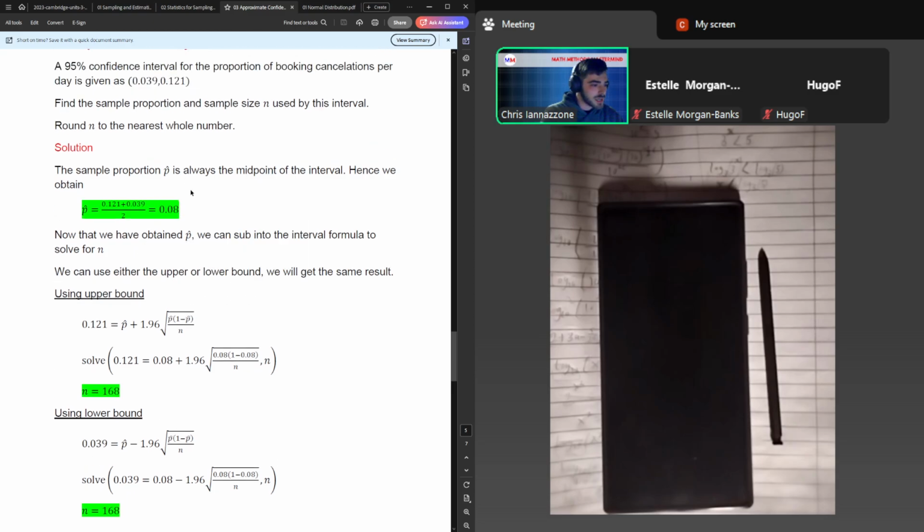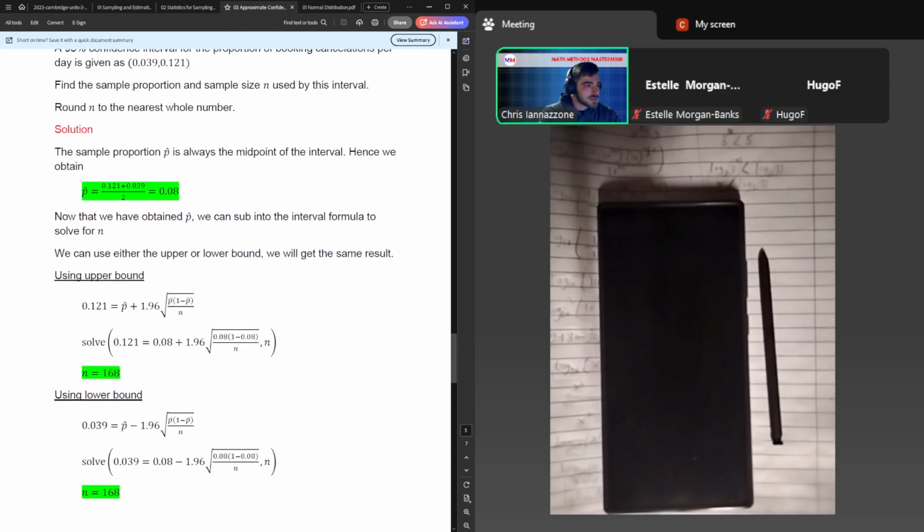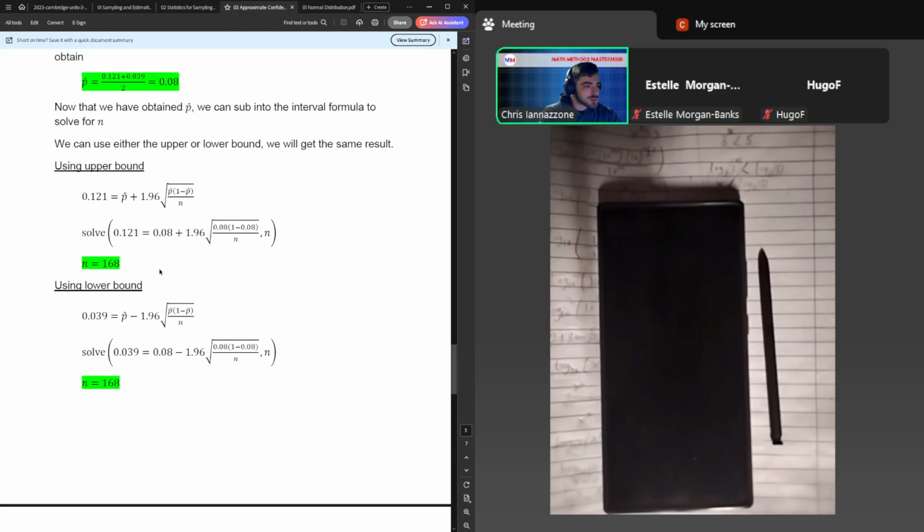So you just take the p hat, replace all these p hats with that number. The only letter left is n, and so when you do your CAS solve, it'll come out. If you choose the lower bound, that's fine. You just put the lower bound in that spot, and you do a minus instead of a plus, because you want to go left of the mean rather than right of the mean. But otherwise, it's the same idea.